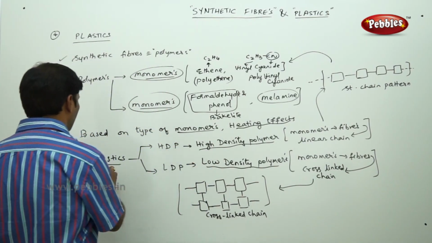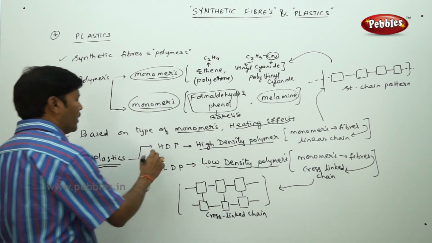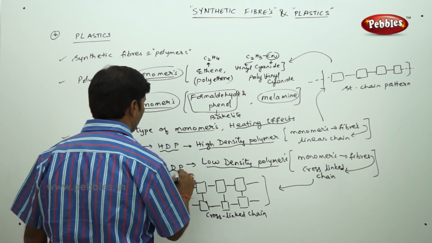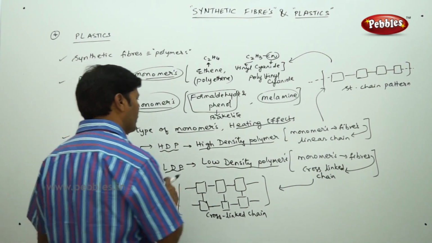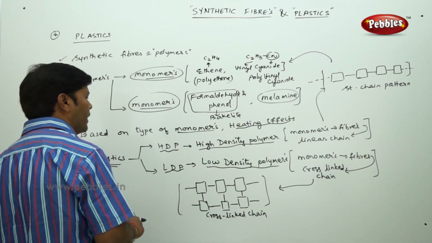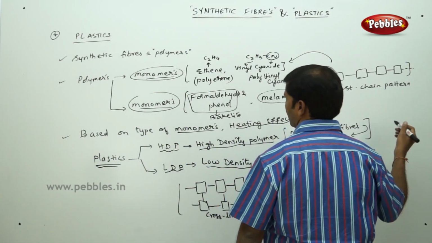So now the polymers in the form of plastics, we have resolved them into two components: high density polymers and low density polymers. If you take the high density polymers, they can be molded into any shapes.